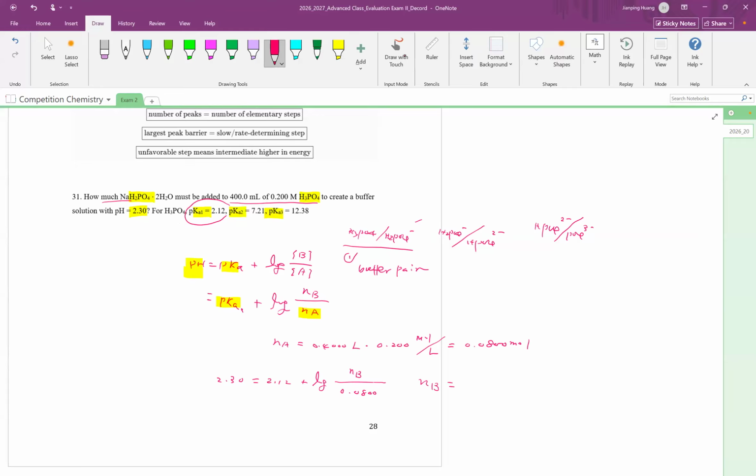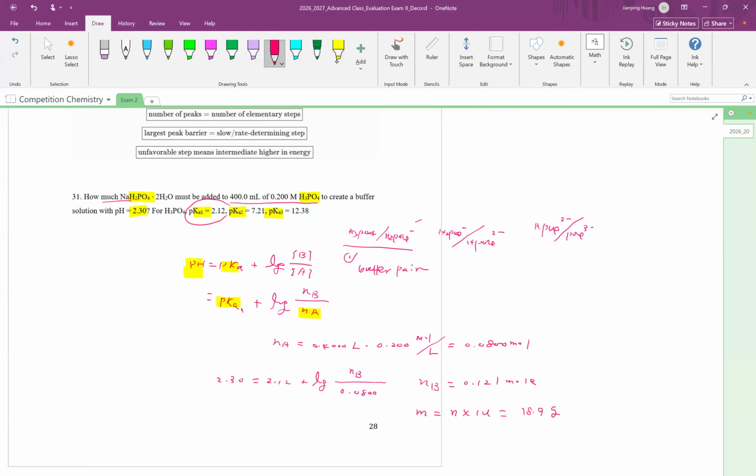That should equal 0.121 mole. Now, they ask what's the mass? The mass equals n times molar mass. So should it be 18.9 grams? Not that. Now, when you do this question again, go back.